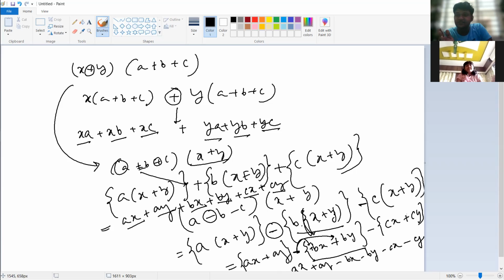That's why I asked you to keep one bracket, a second bracket over there. Because that minus c or minus b, this c is with a minus sign, will totally affect x plus y. Previously it was plus, so at that time there was no issue; everything was plus and going smoothly.